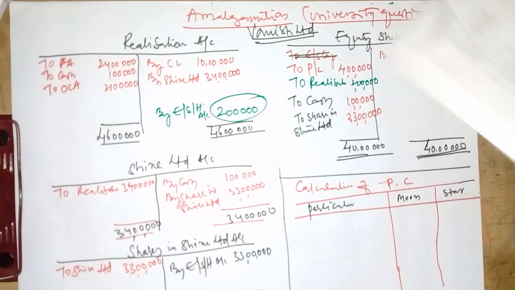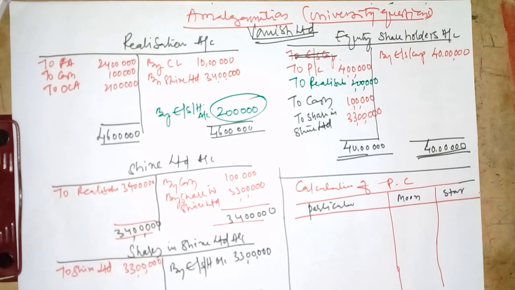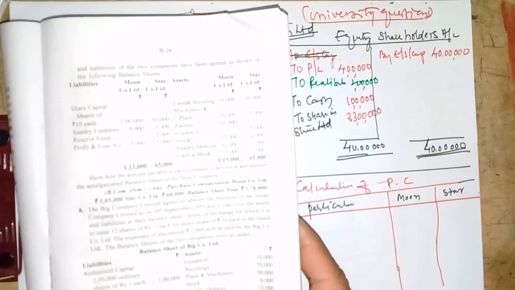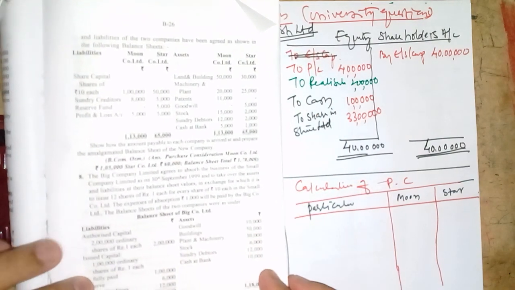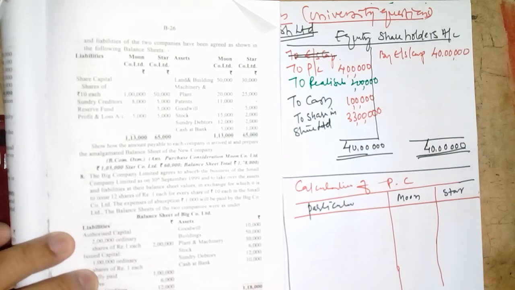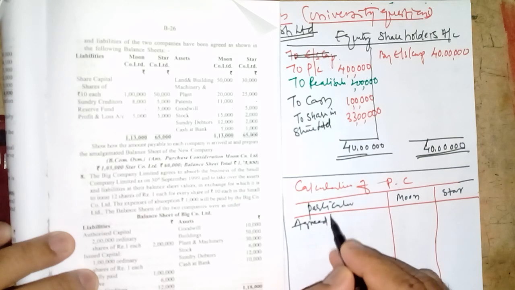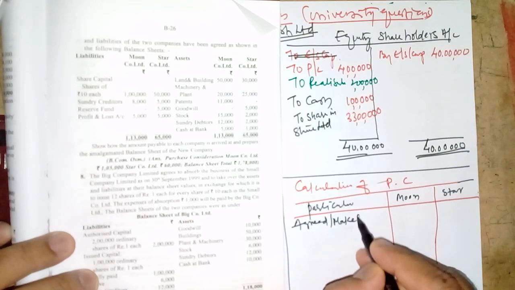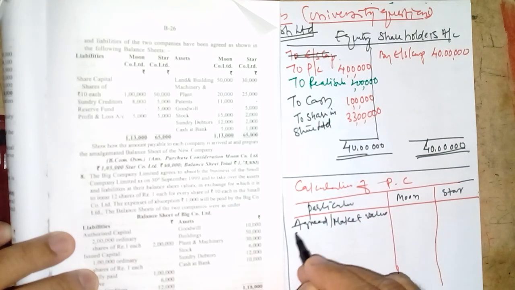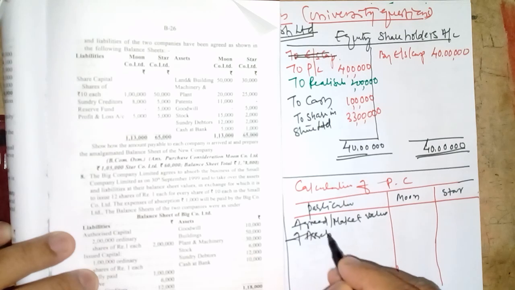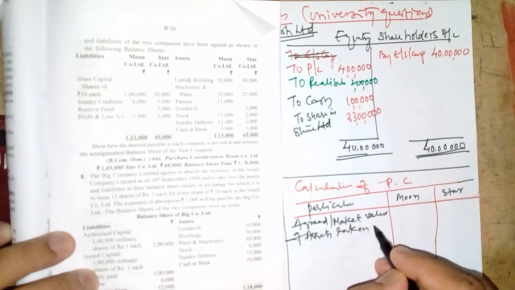So what is the procedure? The procedure for calculation of PC is what? First we need to take all the assets at agreed or market value of assets taken over, very important.